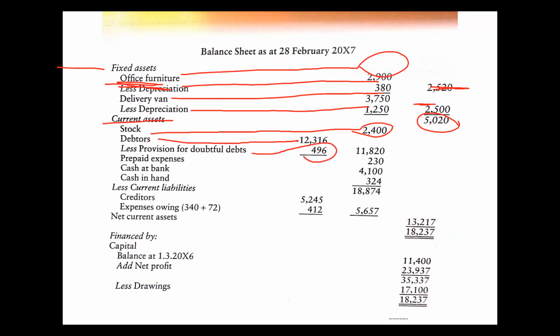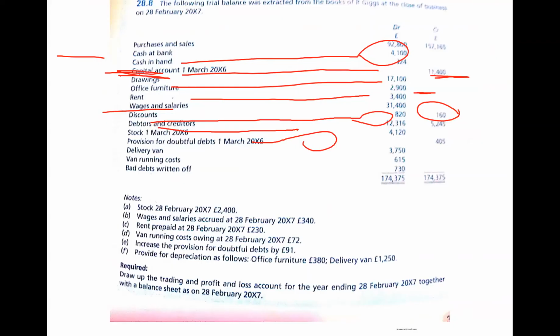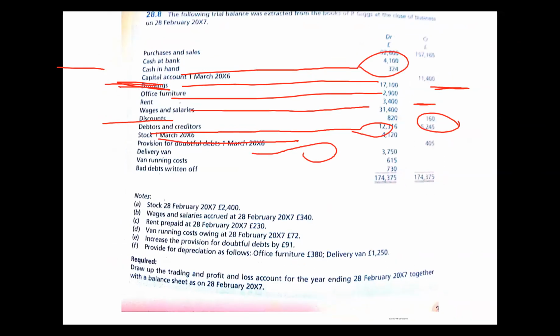Now, someone is asking, where did the provision for doubtful debt come from? The 496 is actually the consolidated provision for doubtful debt. That one from the previous period plus the new provision for doubtful debt, the 91. So let me show you, so that at least you have understanding, not just memorizing things. Check that in the trial balance. There is the provision for doubtful debt, right?